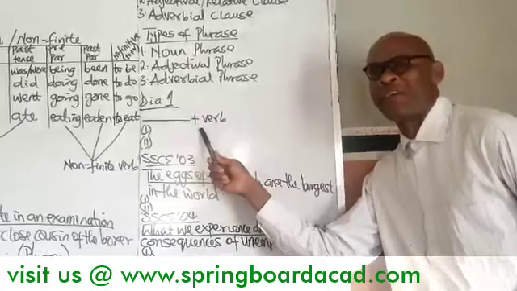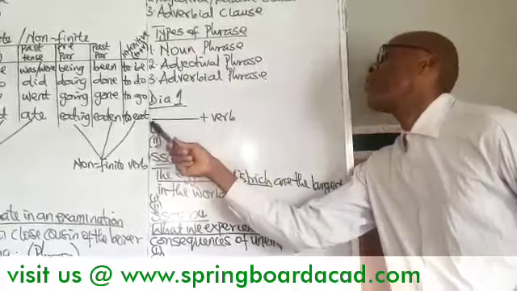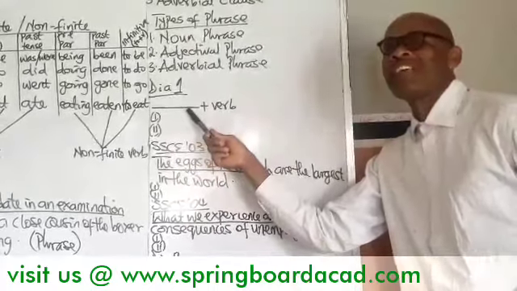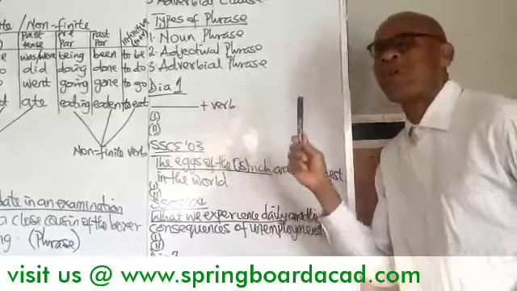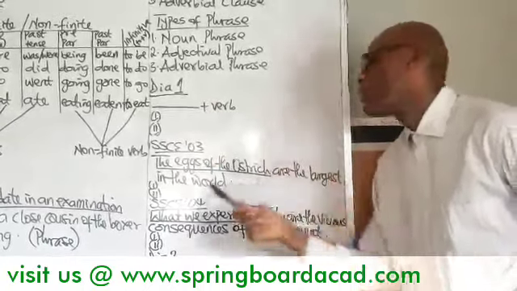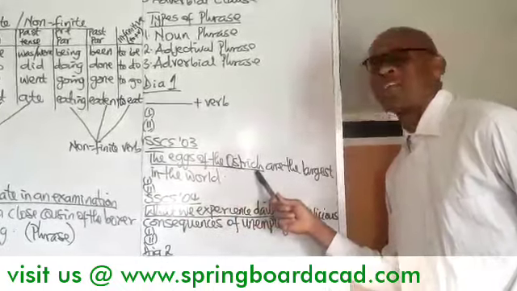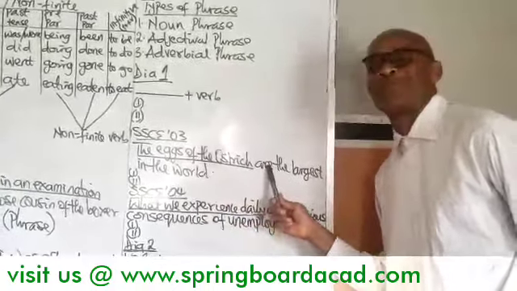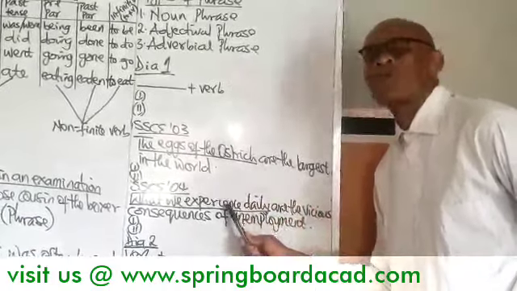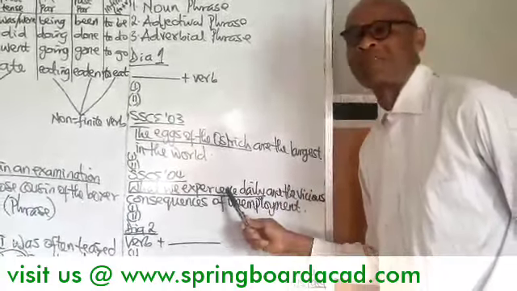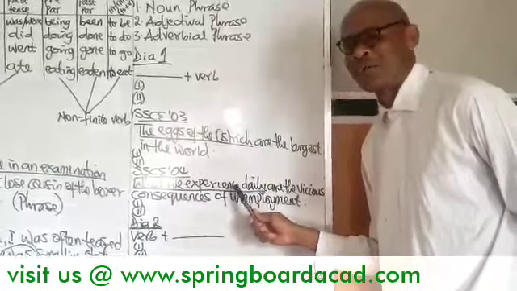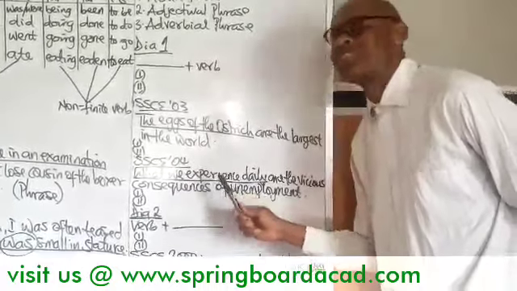Look at my diagram again. My diagram says, underlined words. Immediately after it is a verb. Will you underline the verb? No. Watch it again in 2003. Underlined words. Immediately after it, the verb is in front. Go to 2004 SSC. Are we there? Okay. Watch it again.